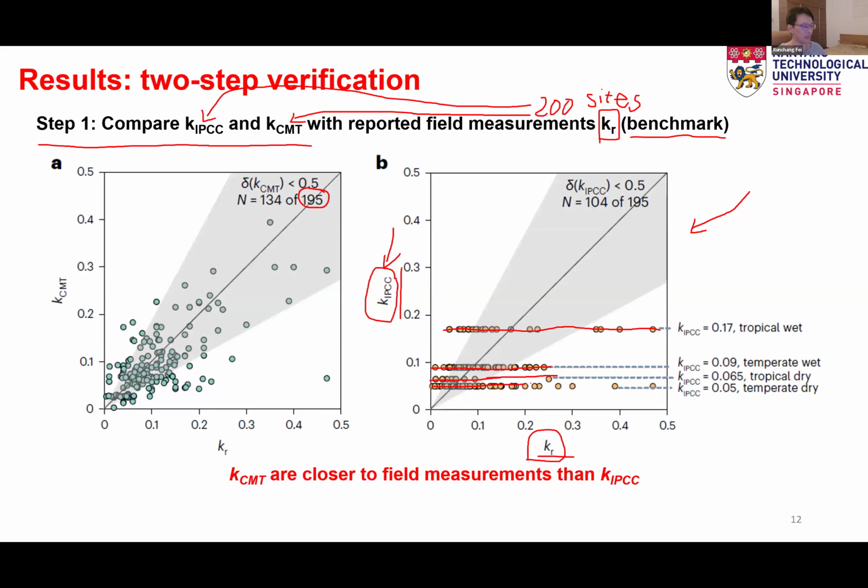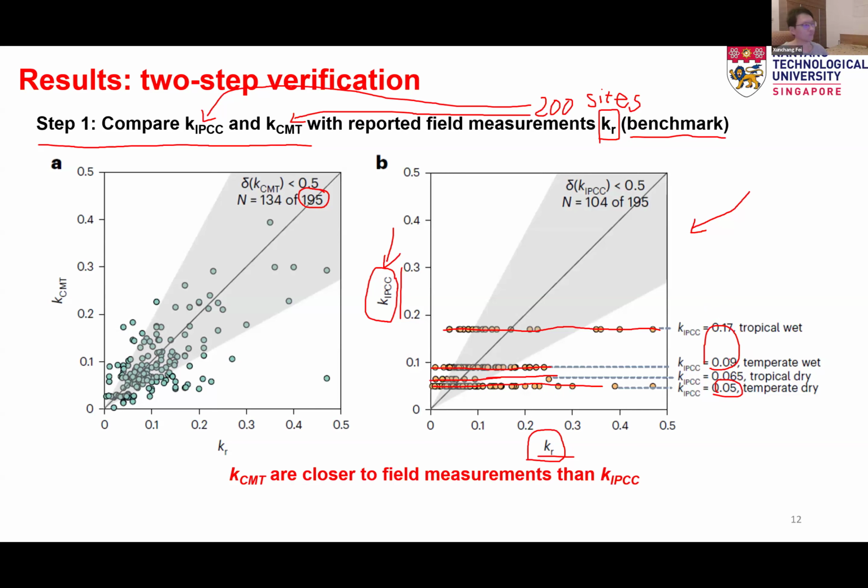They just say, hey, for the US, use, I believe this value, 0.05. And then for like Indonesia or India, the tropic countries, use a higher value, for example, somewhere here. But obviously I want to show this figure to show you that the KIPCC is very, very inaccurate, far from the real measurements, the real values.